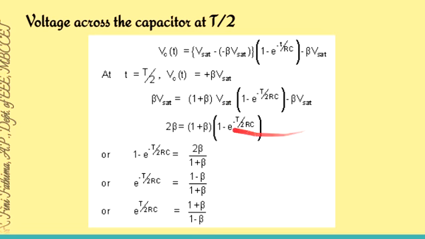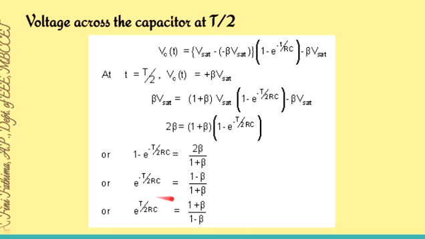I am substituting this in my equation and finally I got beta V sat is equal to V sat minus (V sat plus beta V sat) into e raised to minus t by RC. Simplifying it, I finally get 2 beta divided by 1 plus beta is equal to e raised to minus t by 2 RC, this t being the present time, T by 2.